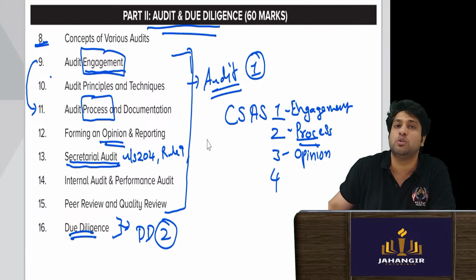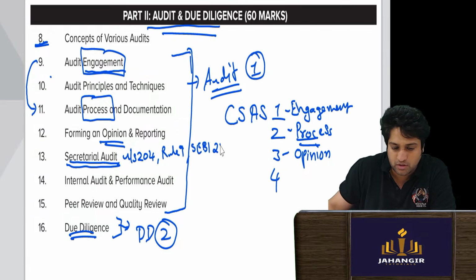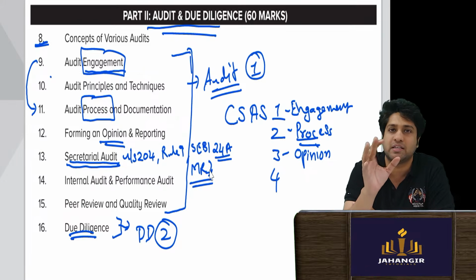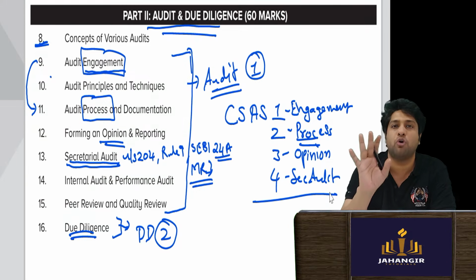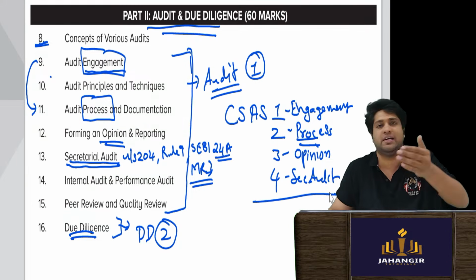You also need to know SEBI LODR 24A and your MR-3. These are some important key pointers that you need to write, which are about secretarial audit. So these are your 4 audits that we will be covering in order.